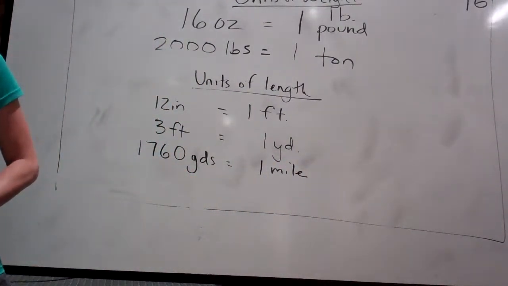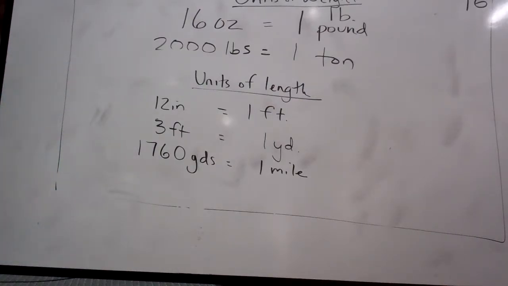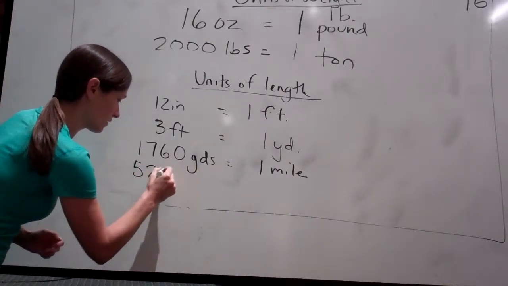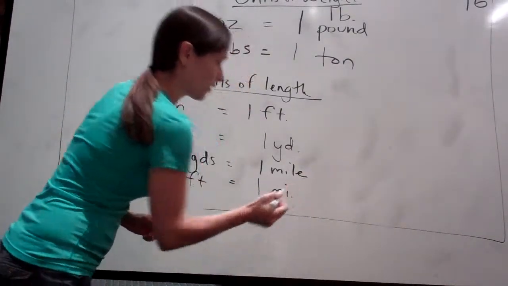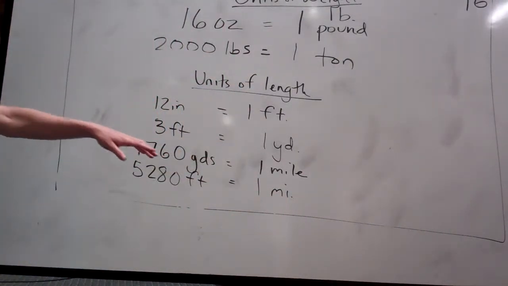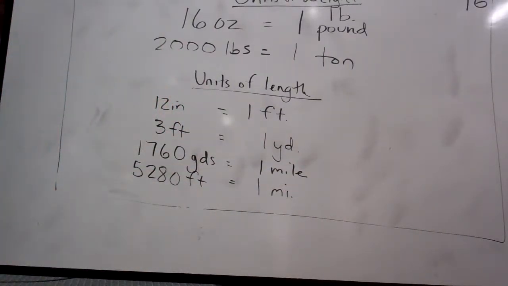And then how many feet equal a mile? 5,280 feet equals 1 mile. The abbreviation for mile is MI, with a period.